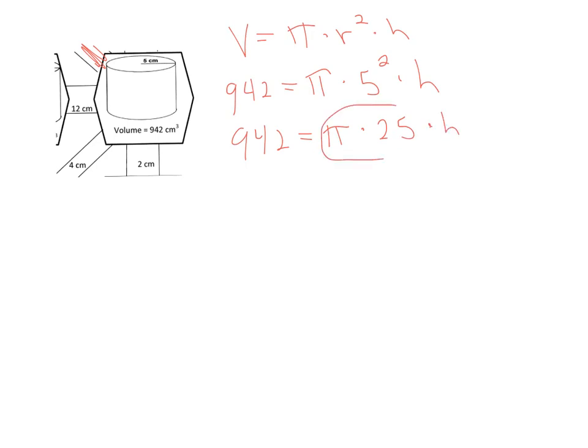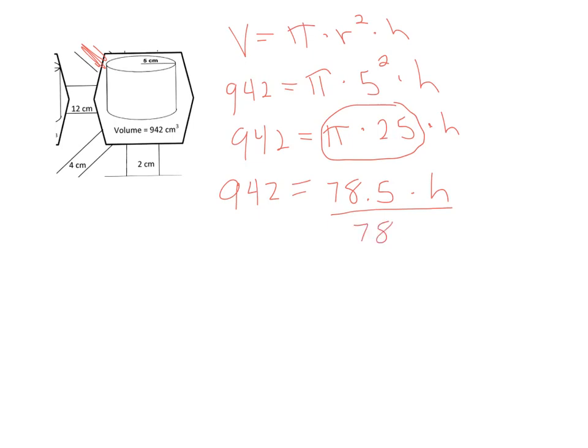Now I'm going to do this part. So 25 times 3.14 gives me 78.5. So I've got 942 is equal to 78.5 times the height. And we're going to isolate this variable, so we're going to do the inverse of multiplying by 78.5.